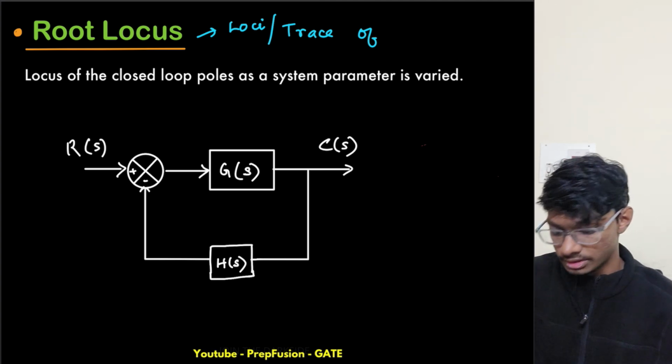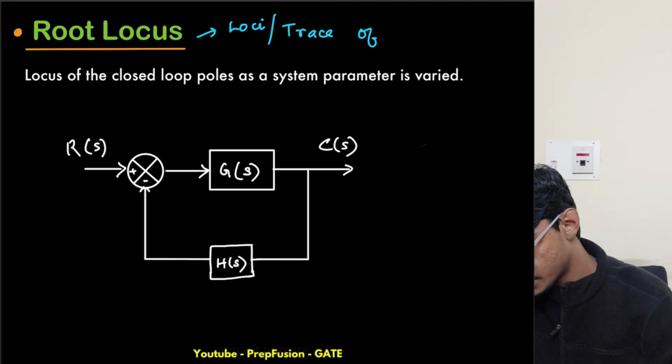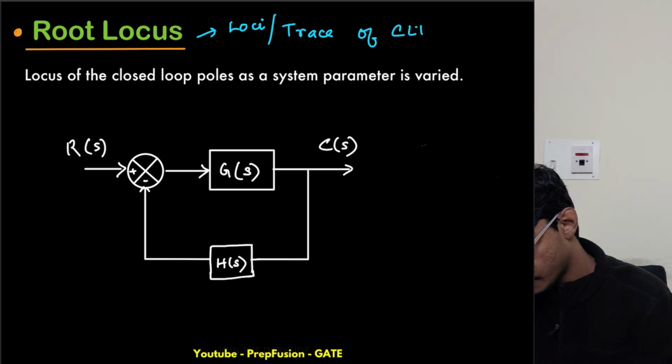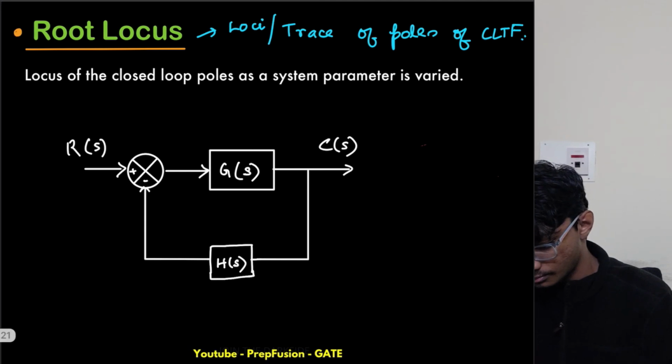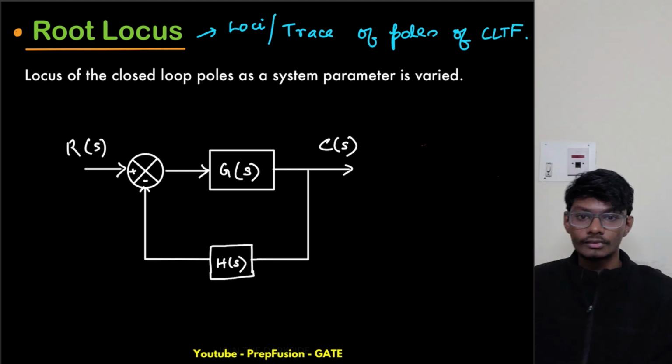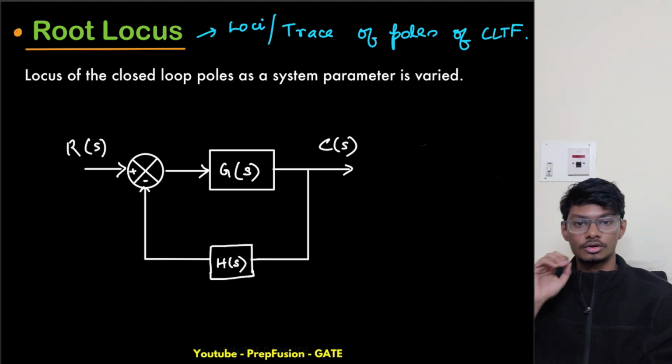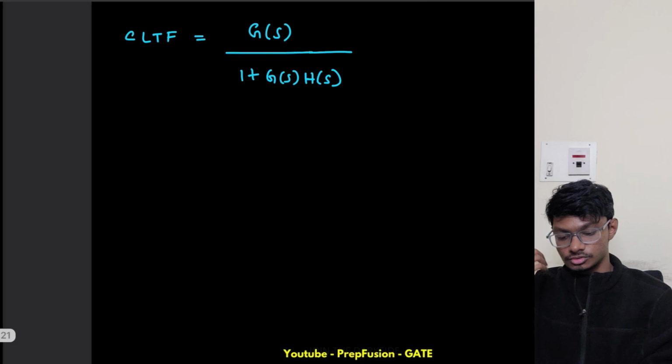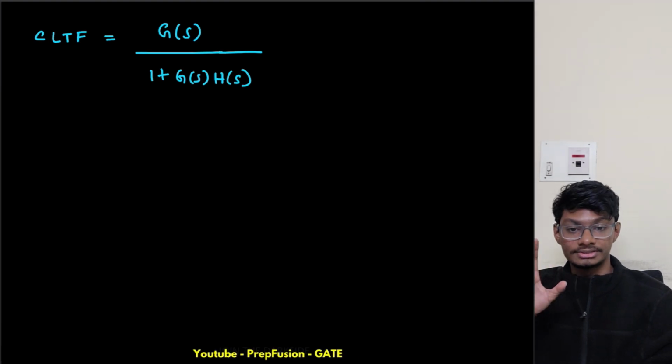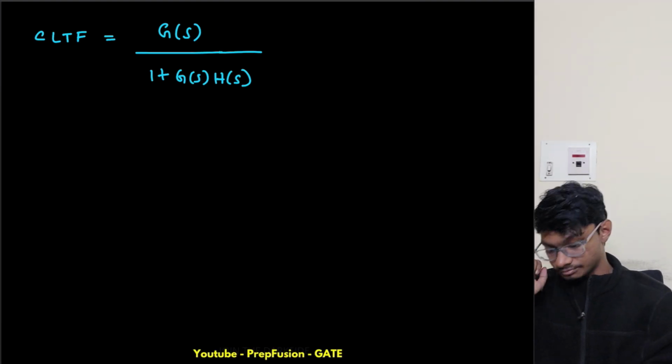So it is the loci or trace of CLTF poles. So this is what basically the root locus is, right? That's why I'm very interested in the poles of CLTF.